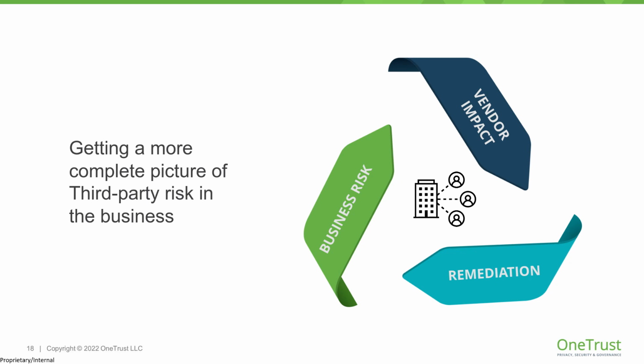Right? Once the vendor is onboarded, mitigation tactics, remediation efforts, and actual impact on the business over time are going to be the key critical areas that we're going to then try to measure and score, often using concepts like confidentiality, integrity, and availability as a way to break down those.